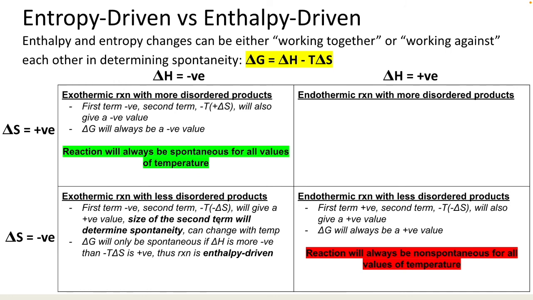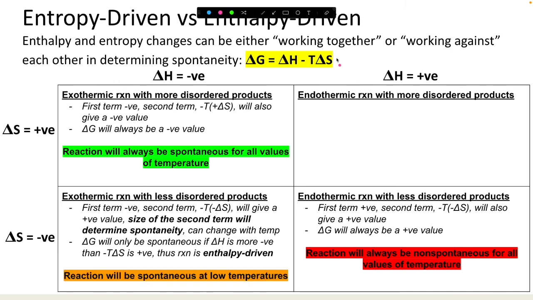We want to keep the magnitude of that second term small. So we want the delta H to be larger, well, more exothermic than this is. We need that magnitude to be larger than this is. Maybe I can be a bit more accurate saying that.